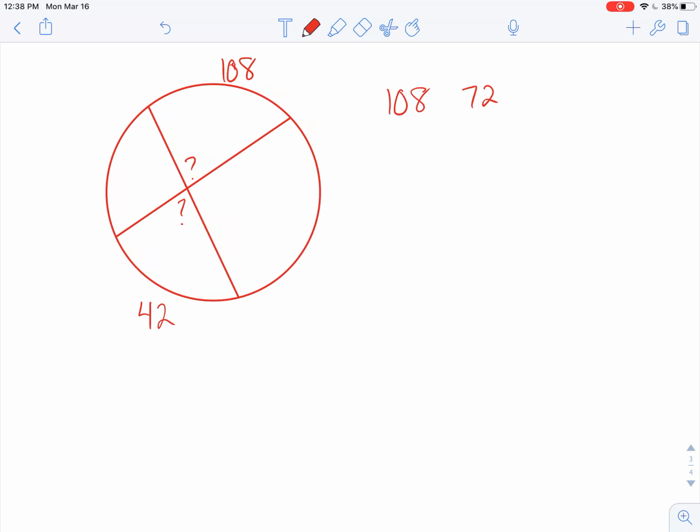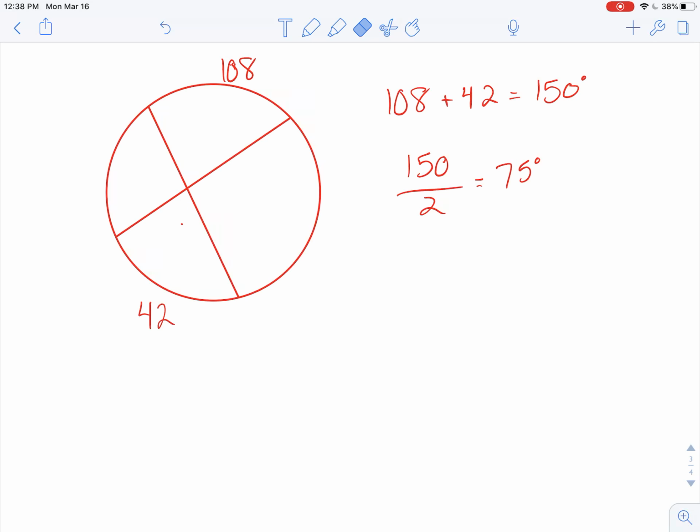And yesterday, since they were inside the circle, we would add them, which gets us, that's wrong, 108 and 42 gets us 150 degrees. And then we split that evenly between two angles to get 75 degrees here.